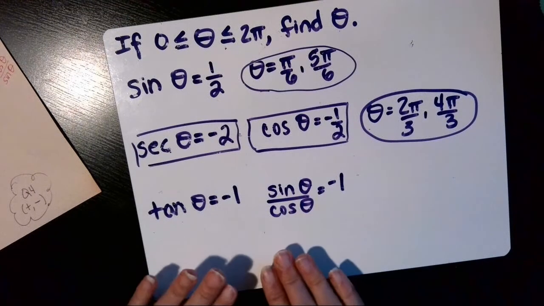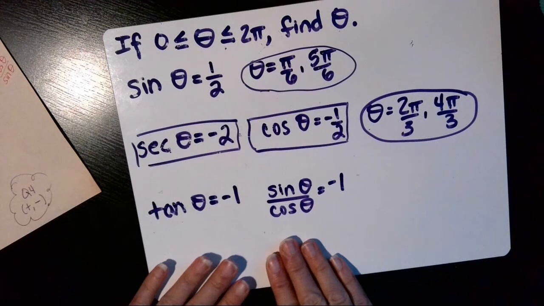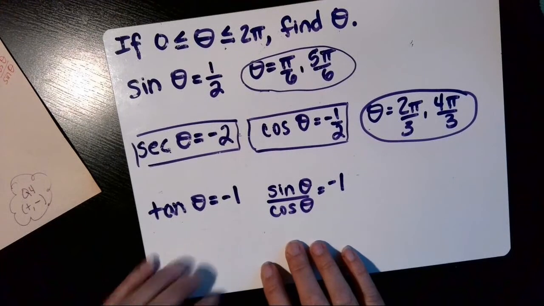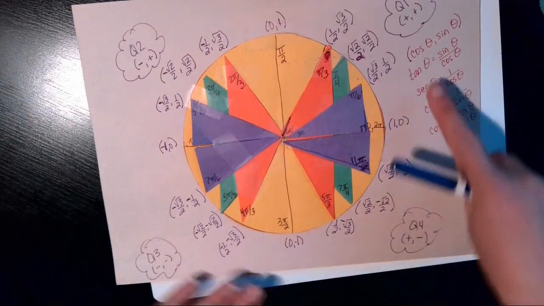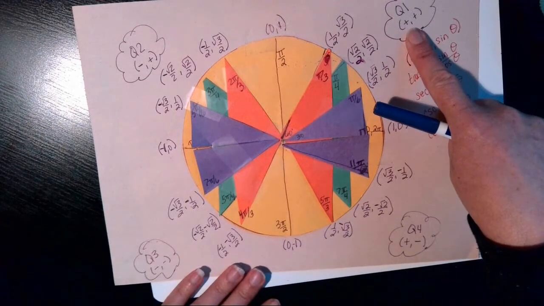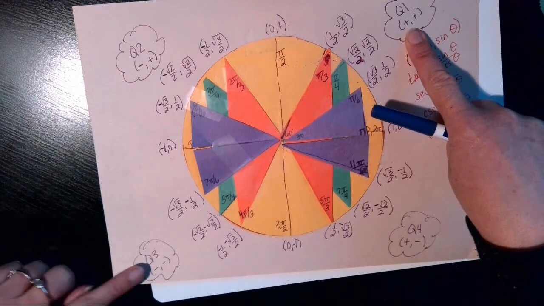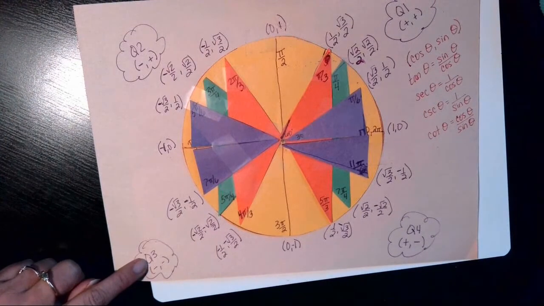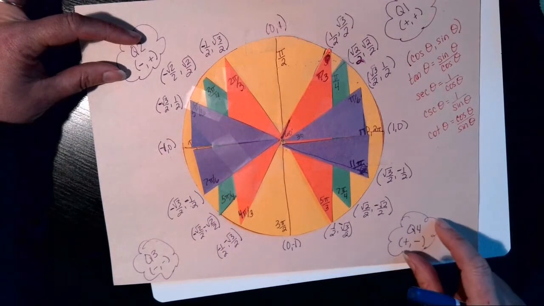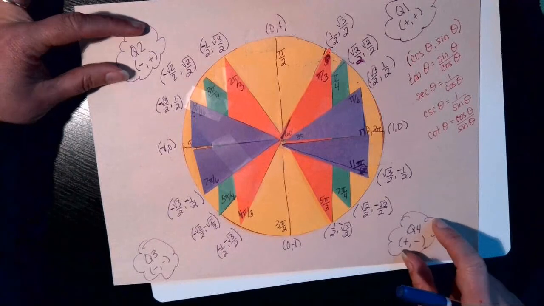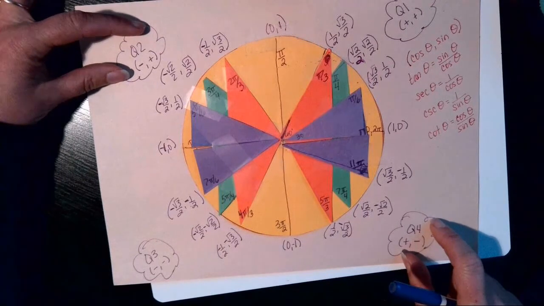So we need to find angles where we've got a positive and a negative coordinate and they have the same value. So when we look at our circle, quadrant 1, everything is positive, so it can't be there. In quadrant 3, everything is negative, so it can't be there. So I need an answer from quadrant 2 and quadrant 4 because they have opposite signs, one positive, one negative.